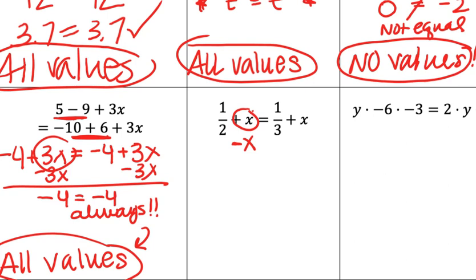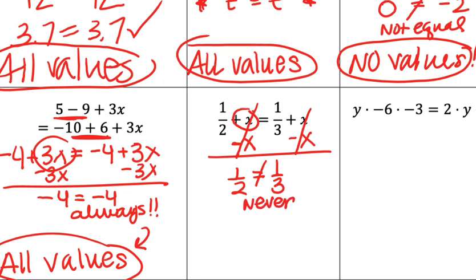If I subtract x on the left, I'm going to subtract x on the right. So this cancels, and I'm left with 1/2 equals 1/3, and those x's cancel. 1/2 will never equal 1/3. If the left will never equal the right no matter what, no values.